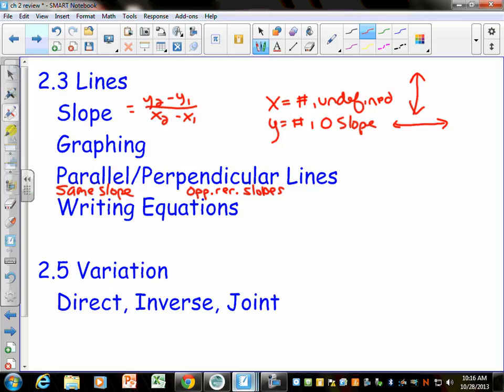We also wrote equations. If I gave you 2 points and I said write an equation in slope-intercept form, you should be able to do that. If I gave you an x and y intercept, if I gave you a slope and a point, right? We did a lot of those. So probably you're going to want to write those in y equals mx plus b form.